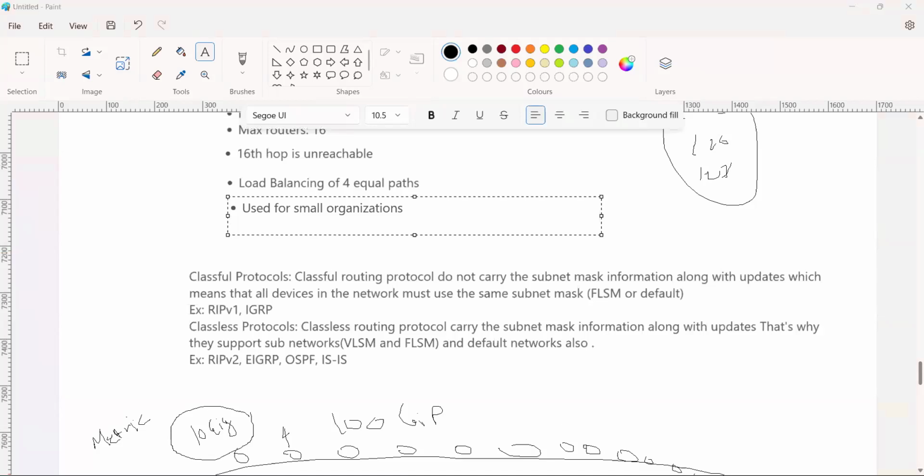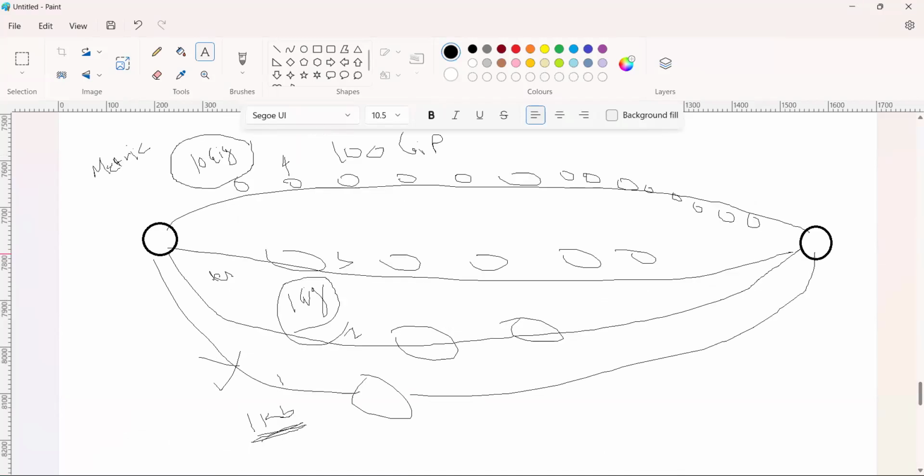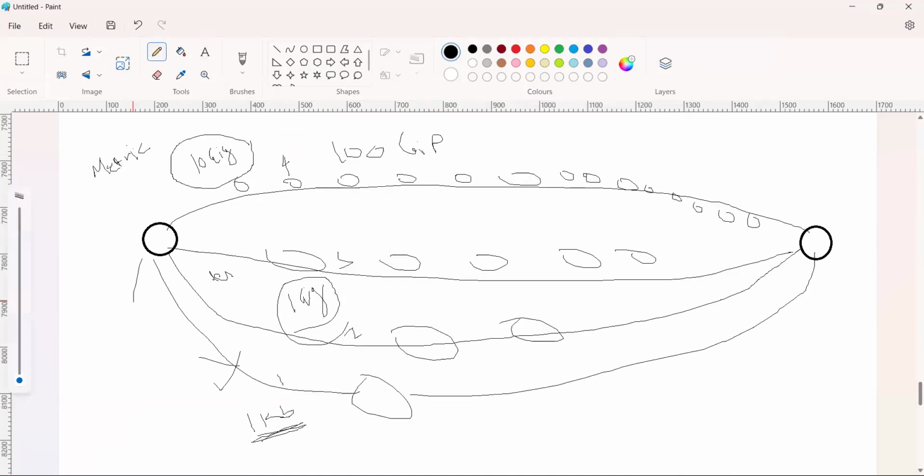And one more thing, it will send updates every 30 seconds. Whenever the routing table changes or any routing update happens, and every 30 seconds, the routing update will be sent periodically.